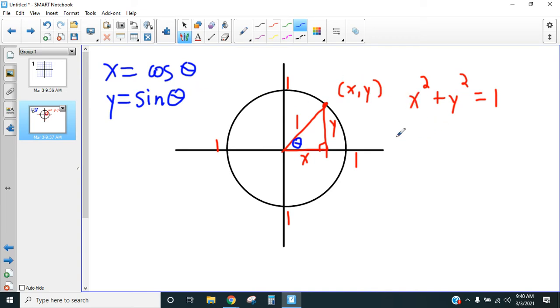We could say, instead of writing x, we could say cosine squared. This is weird, but this is how you write cosine squared, okay? You write it in there, so that way it's not confused. You don't think theta is squared. If you write the squared out here, it looks like this is squared. Everybody get what I mean? Okay, it's kind of funky. And then every y coordinate is equal to the sine.